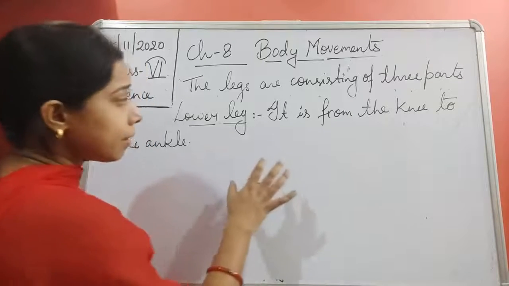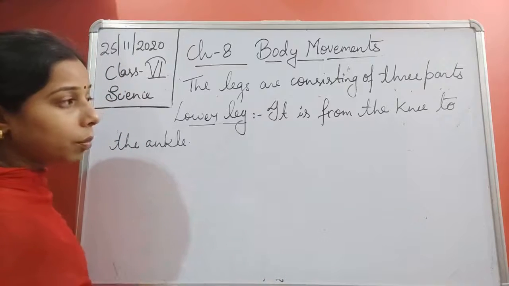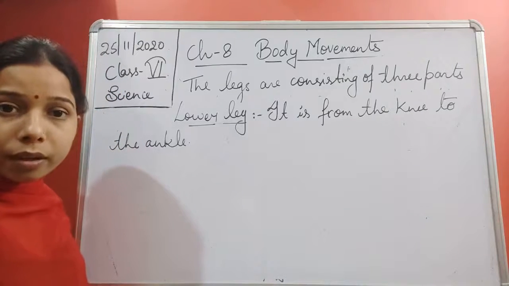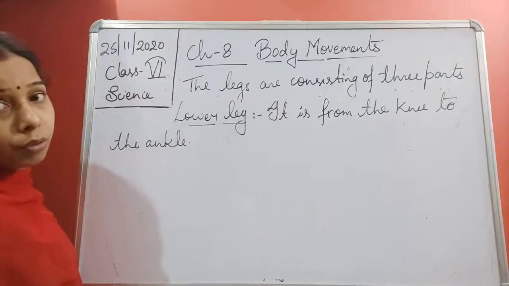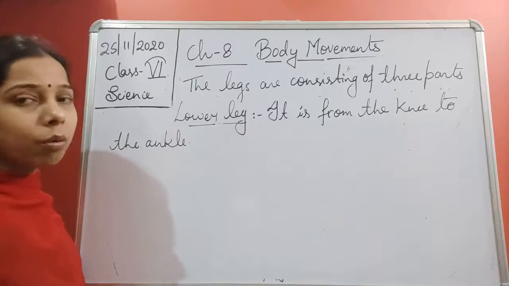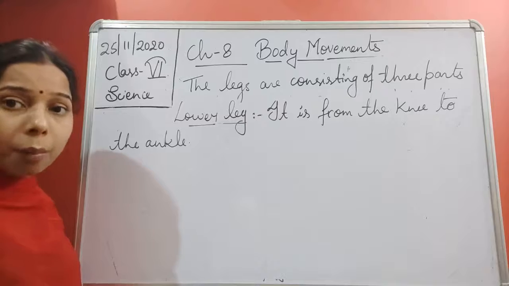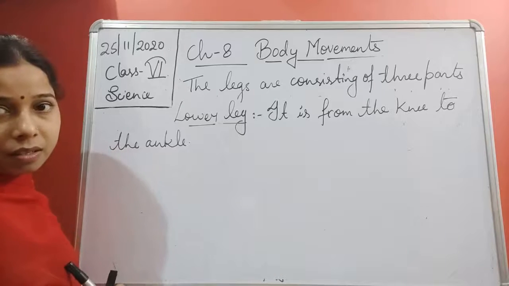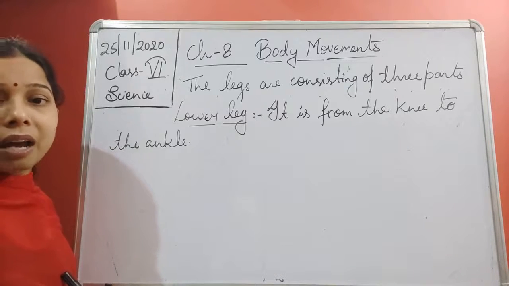Now how many bones are present in the lower leg, or how many bones constitute the lower leg? Basically here also, like in the lower arm, 2 bones are present, and that is tibia and fibula.